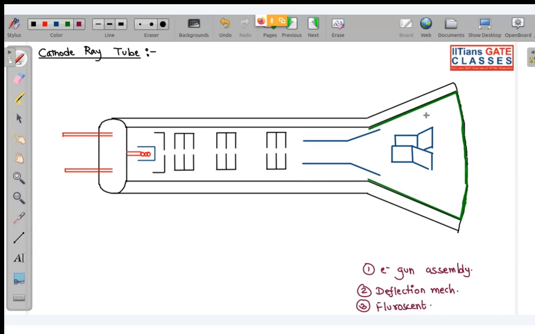There is a PDA also here, the post deflecting accelerator, and all those things are there. We will discuss those when we study the CRO. At this time, I am just discussing what a cathode ray tube is and the basic mechanism through which it operates. Then we have the glass envelope, the outer covering.